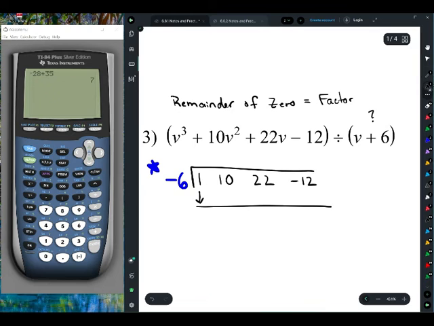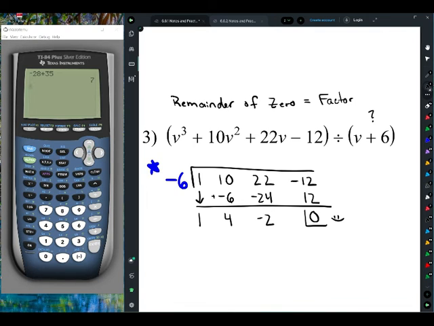We bring the 1 down. 1 times negative 6 is negative 6. 10 plus negative 6 is 4. Negative 6 times 4 is negative 24. Combine those, then we get 12. And a little happy dance I like to do, yay, because we have a remainder of 0, which means this is a factor.